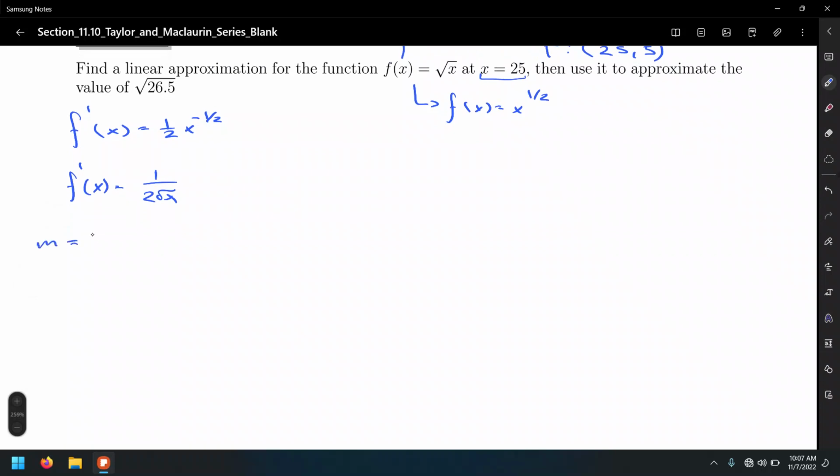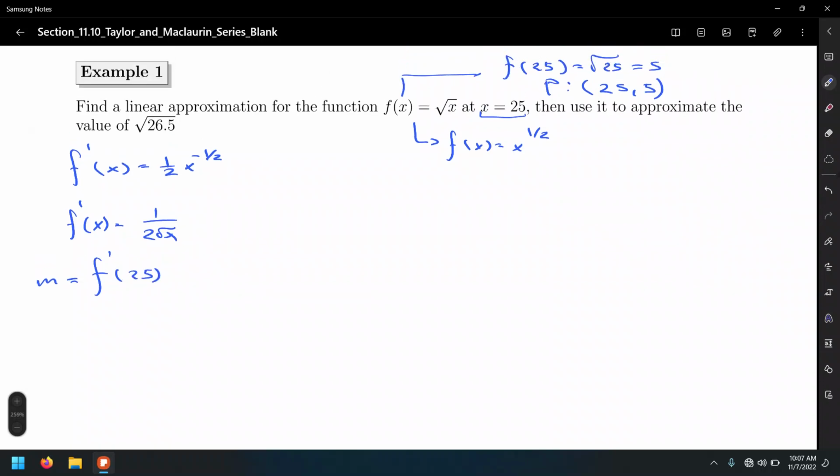The slope is found by evaluating the derivative at x equals 25, which is 1 over 2 root 25, that's 1 over 2 times 5, which is 1/10. So that's the value of the slope.